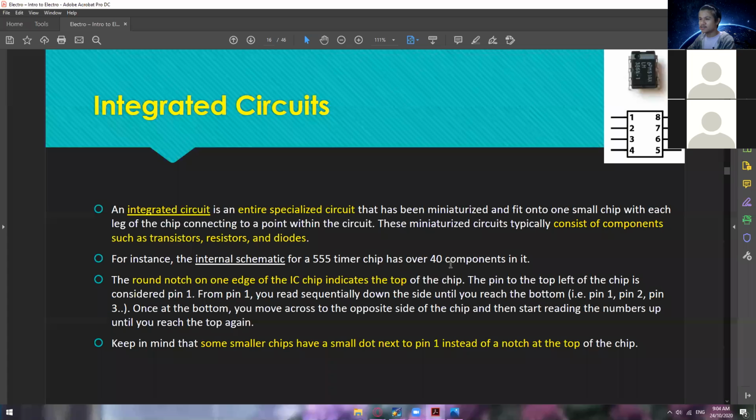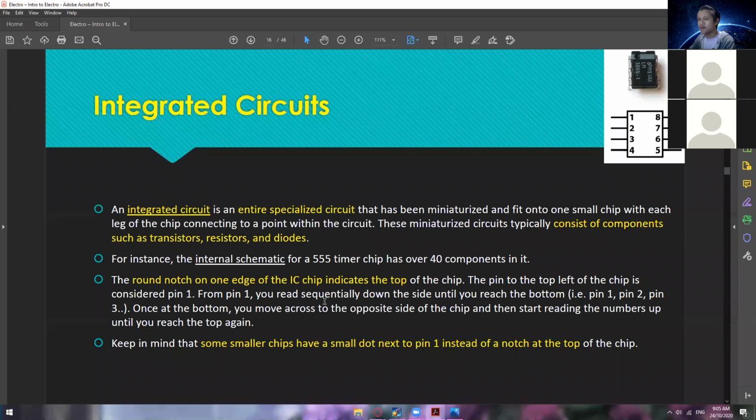What do you call this technology? Nanotechnology, or 7 nanometer technology, 12 nanometer technology, 15 nanometer technology.